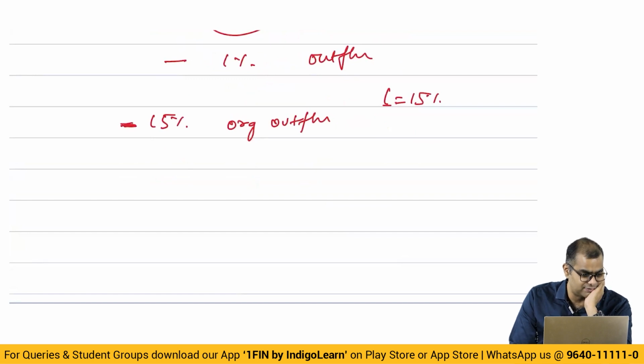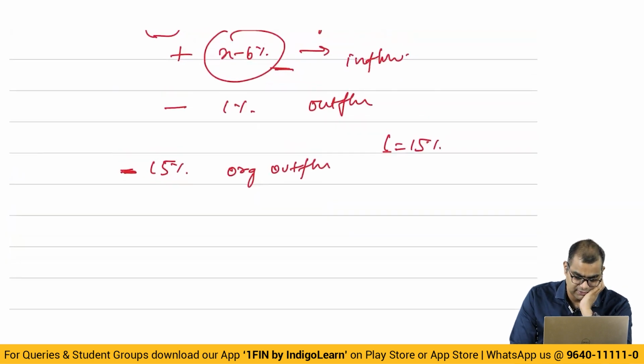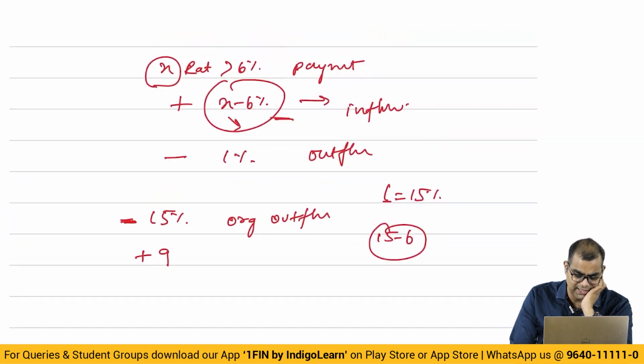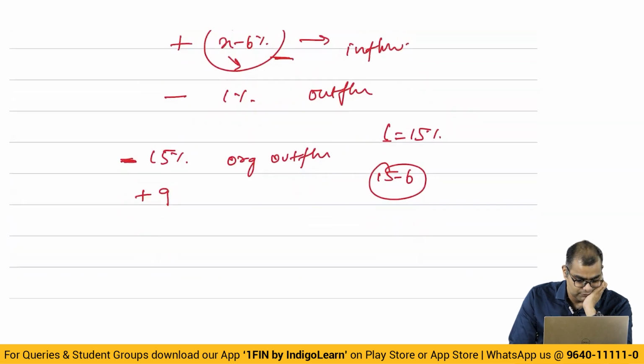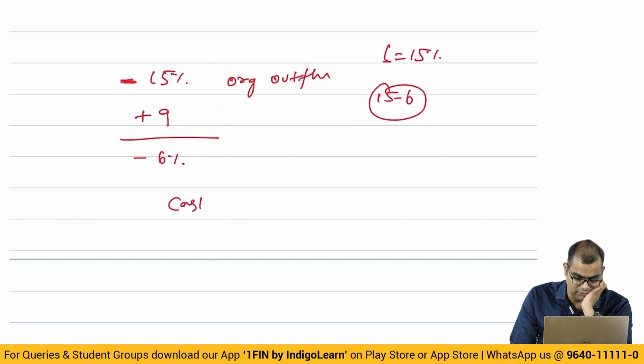I have entered into a contract with somebody, and this somebody is saying, whatever is the rate above 6, I will compensate you. So I will get 9. How? 15 minus 6. 15 is this LIBOR value. Whatever is the LIBOR value, LIBOR minus 6, I will pay you 9. So my effective rate is only 6% plus the cost of cap, which is some number like 1%.